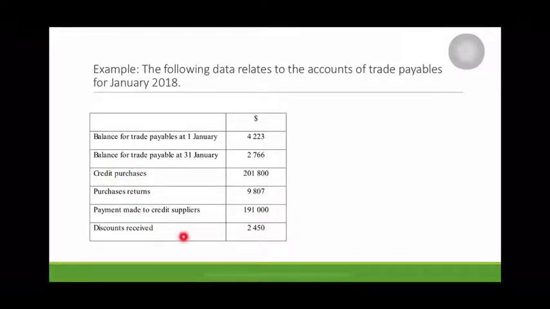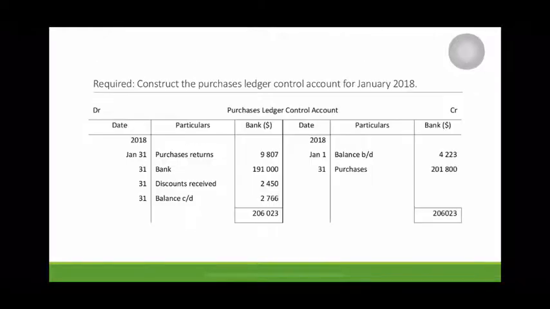All you have to do is construct your purchases ledger control account, and you have to know which items will be included and whether they are credited or debited. It's a much simpler version of a question on control account. Required: construct the purchases ledger control account for 1st January 2018.